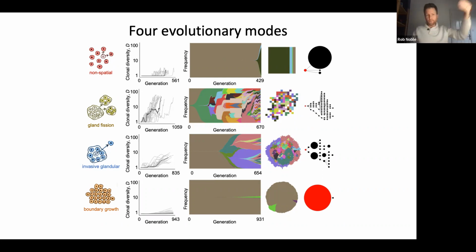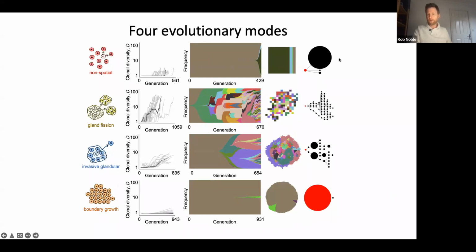In the first row, for example, the population is taken over by the dark green type, which becomes very large, so the final tree has one very large node, which is not the initial type. In the final row, in the boundary growth model, not a lot happens in terms of driver clone evolution, so the population is still dominated by the initial type, shown here in red. So we get these different modes.